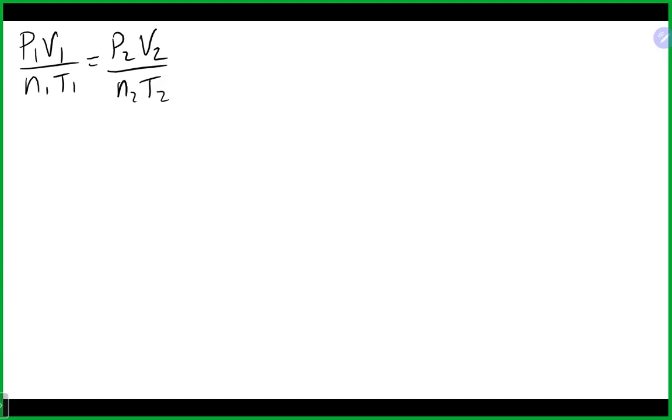So if you remember this gas law and all of a sudden you come across a problem and they don't mention anything about moles, they don't mention anything about temperature, or you're told they're held constant, all you have to do is come up to this equation, scratch out those two things, and what you're left with is Boyle's law and probably the right equation to use.